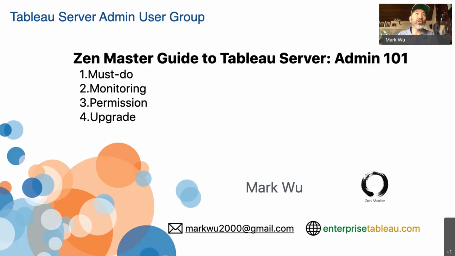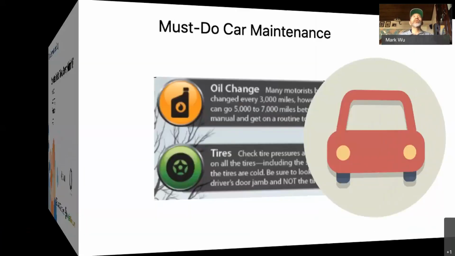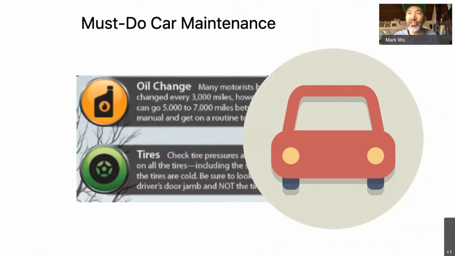Okay, now as car owners, it has been a norm that we always do regular car maintenance. It has become common knowledge. You've got to do the oil change for your car. You've got to rotate the tires.